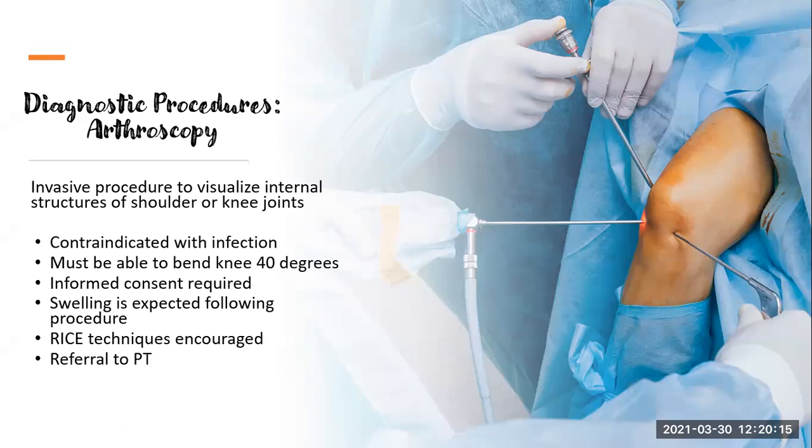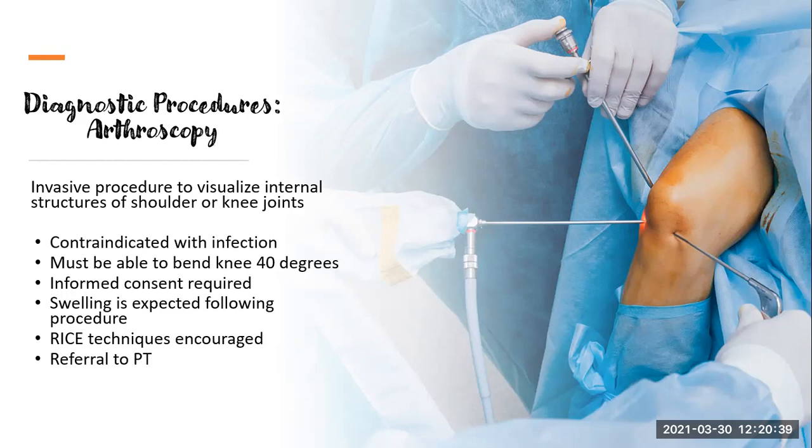It is usually used for the knee and the shoulder joints only. It should not be performed, obviously, if a patient already has an active infection in the joint, because that can lead to septic joint, osteomyelitis, and serious complications.